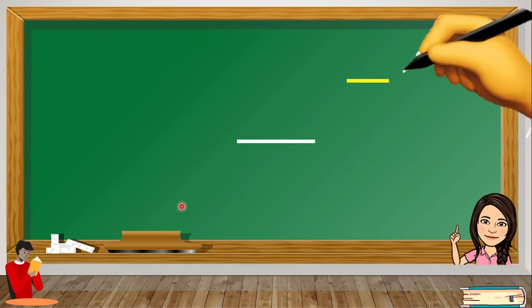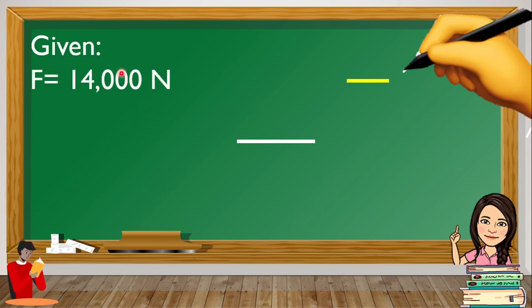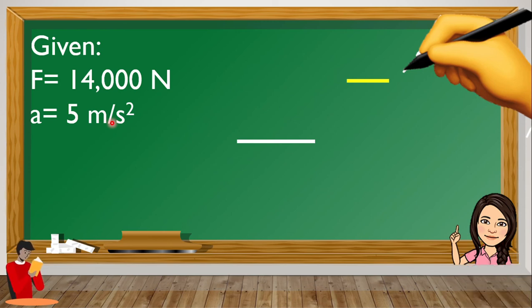Let's write again the given. Force is equal to 14,000 Newton. Force is expressed in Newton. Acceleration is equal to 5 meter per second squared. Acceleration is expressed in meter per second squared. So what is the mass of the truck?